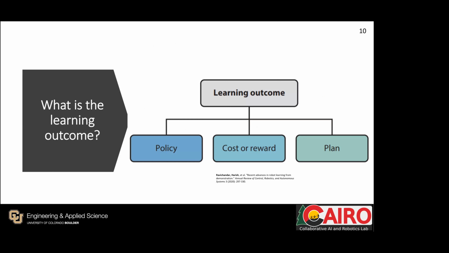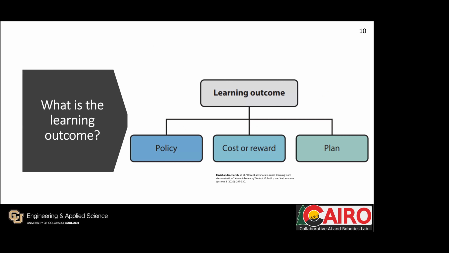A framework that I really like is provided by Harish Ravichandar in a review that he released in 2020 that continues Brenna Argall's survey, which classifies learning from demonstration methods essentially by their learning outcome, which I find to be a powerful way to organize these methods.